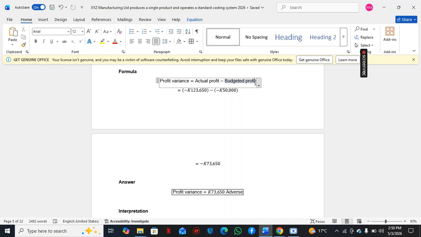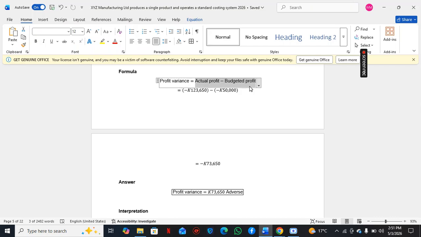If you're using actual profit minus budgeted profit, a negative value is bad, because it means the actual was less than the budgeted. But if you're using budgeted minus actual, then a negative value is good.